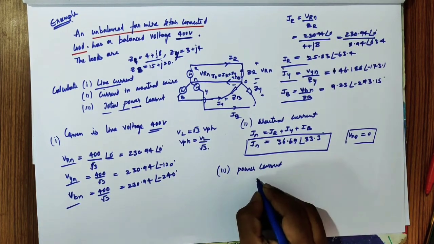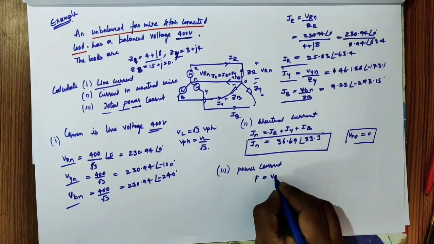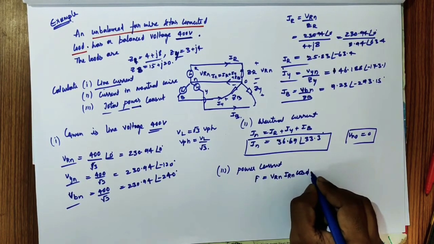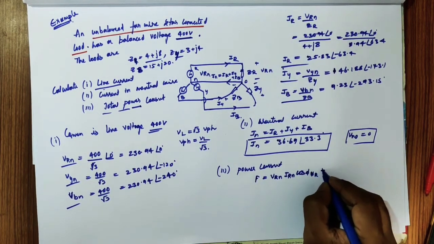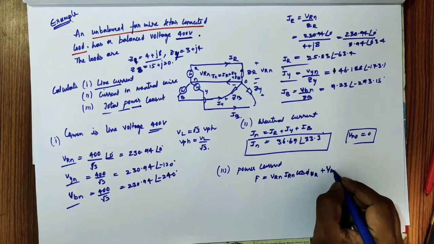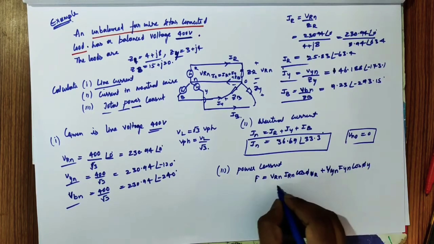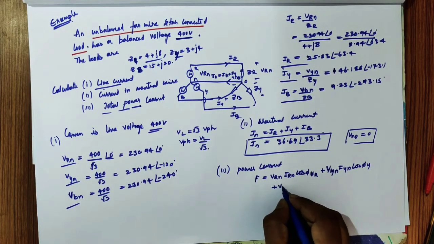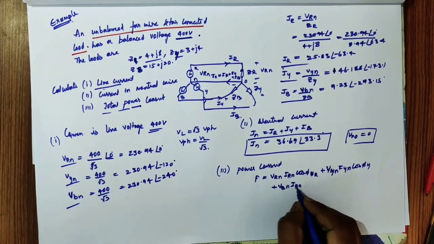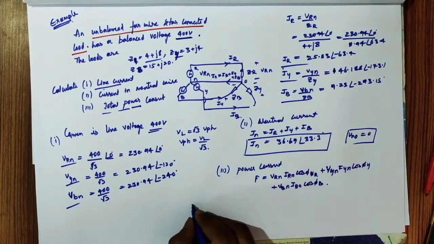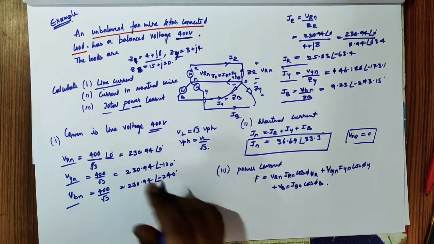So power consumed P equal to VRN IRN cos phi R plus VYN IYN cos phi Y plus VBN IBN cos phi B.